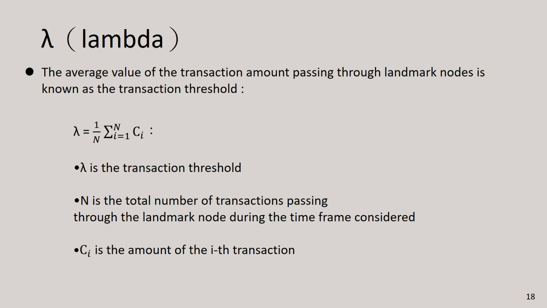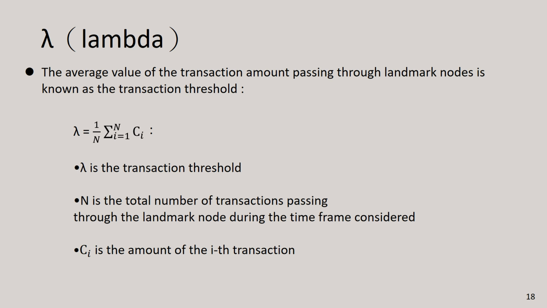Lambda, the transaction threshold. The transaction threshold refers to the average transaction amount passing through a landmark node. It is used to assist in determining routing decisions. Specifically, the value of lambda helps to assess whether the channel's balance is sufficient to prevent deadlock situations.